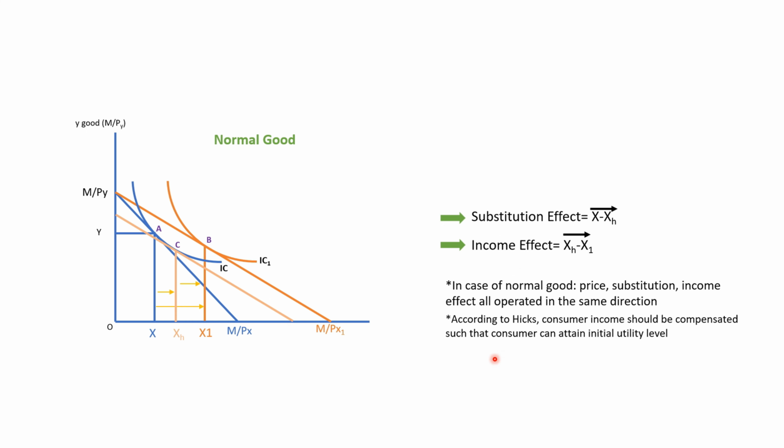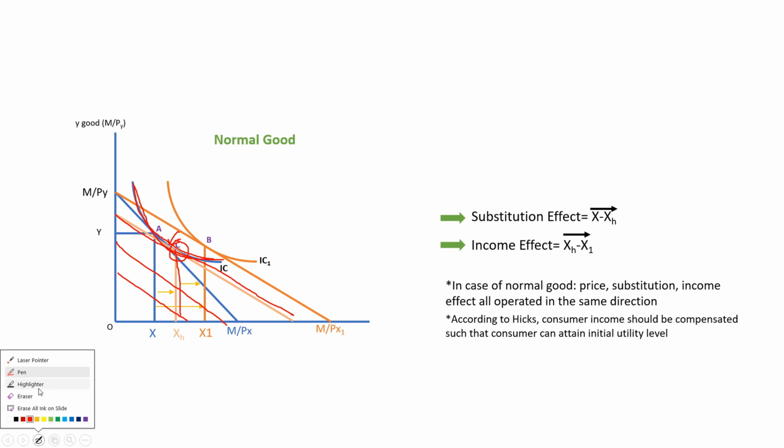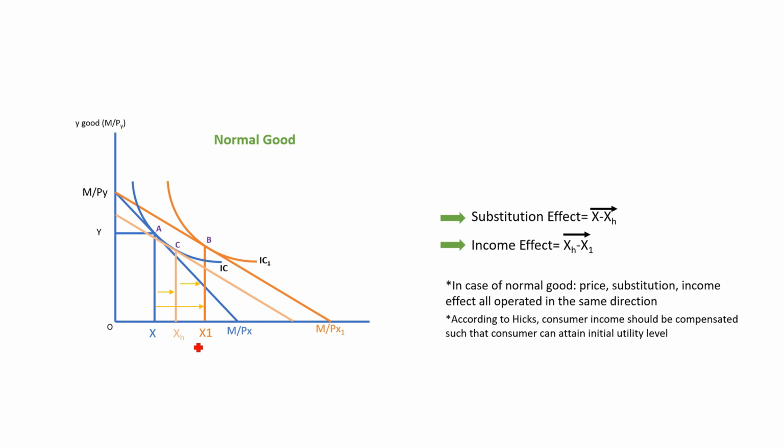H indicates Hicks because according to Hicks, consumer income should be compensated such that the consumer can attain the initial utility level. We cannot bring it here or here. We need to bring it up to the initial utility level, and it tangents at point C. For that reason we have given XH that indicates Hicks.